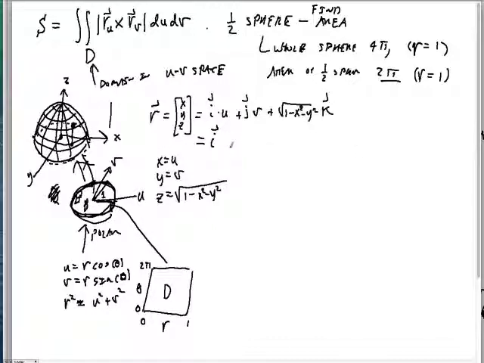So with that in mind, we have r cosine theta i plus j times v, which is r sine theta, plus, and I should have put u and v squared, not x and y squared, so that's going to be 1 minus r squared times k.